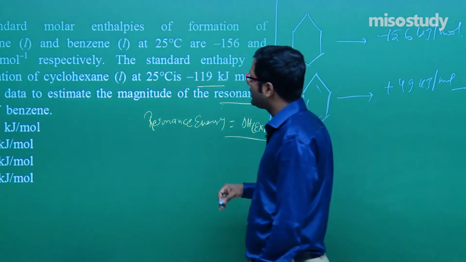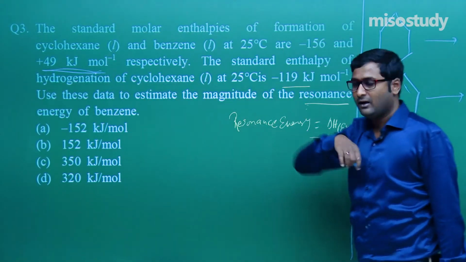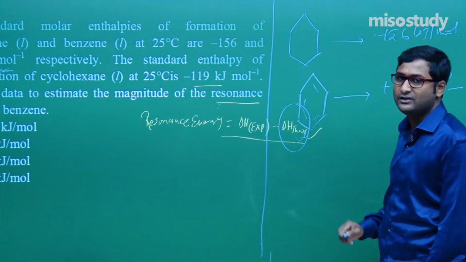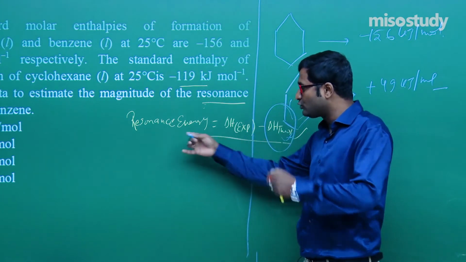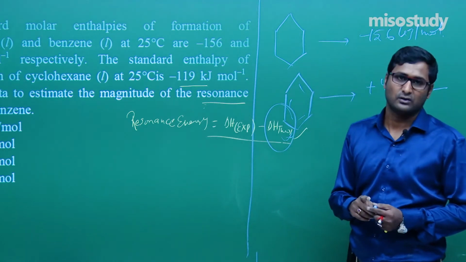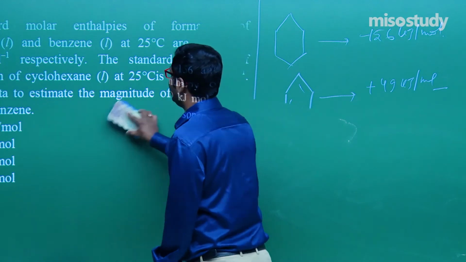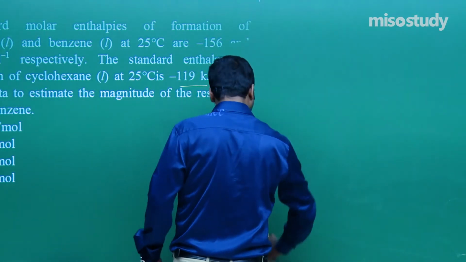As per the question, the experimental value given is 49, but here we have to find the delta H theoretical value for benzene. If you get this value, then after subtracting these two, we get the resonance energy. Now, how to find the theoretical value of delta H? So, let's move. We'll try.